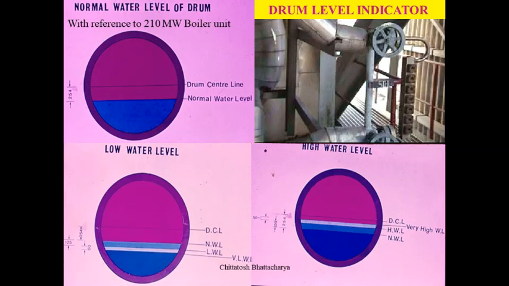Generally, the drum normal water level is around 10 inches below the drum center line. Whenever the drum water level goes down by around 5 inches below the normal water level, it is termed as low water level within the drum.